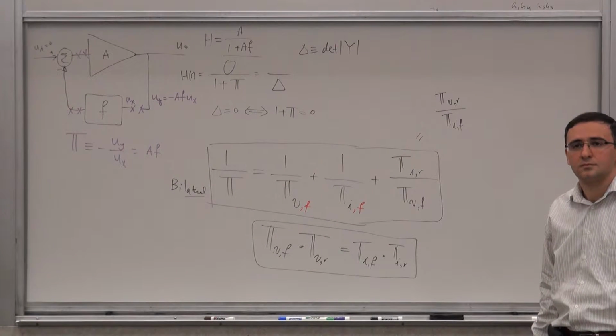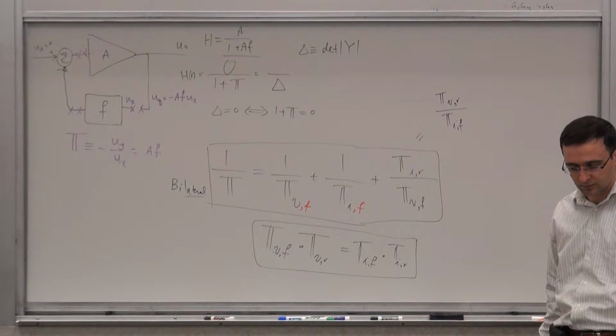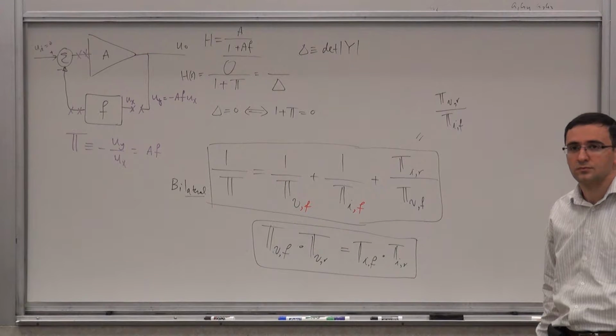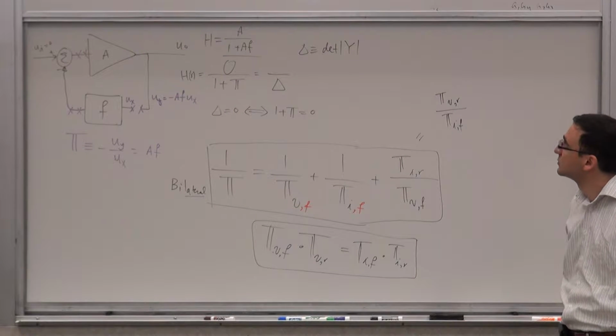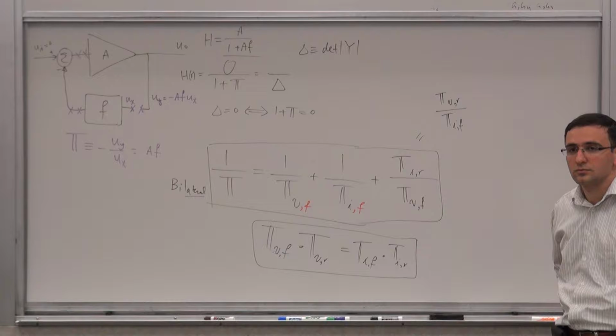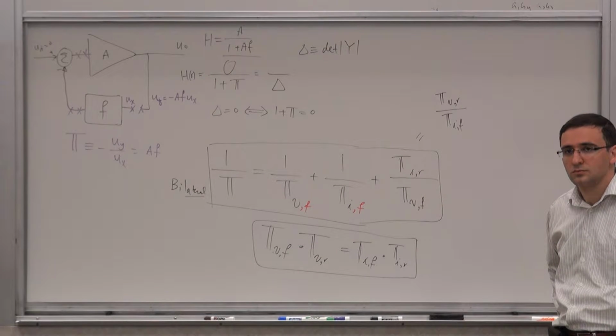Just in order to clarify, you started from a unilateral loop and drew the systematic model, and you said that the transfer function between u and ui is something over 1 plus T, and then you said that the determinant of the Y matrix being equal to 0 is equivalent to T being equal to minus 1. Actually, we saw a physical meaning for the loop gain.